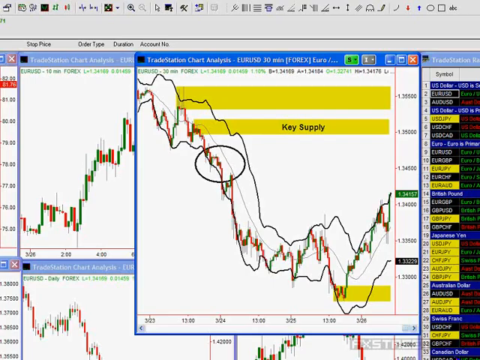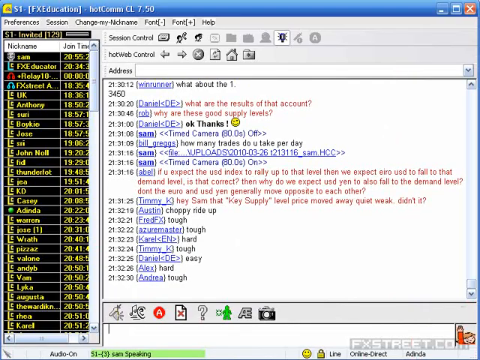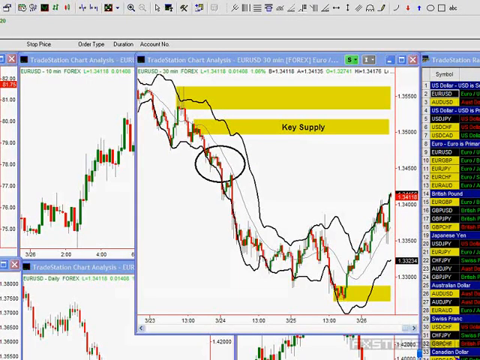Yeah, probably a little tough, right? Because there's some sellers there. The chart's telling us there's some sellers in that circled area. Therefore, you're going to use up quite a bit of buying. It's going to take more demand to get through that circled area than if those little levels were not in that circled area. Therefore, what makes that yellow key supply level a level that I'd be interested in is that because of what's in the circled area below, you're going to reach that key supply area with fewer buyers on board.